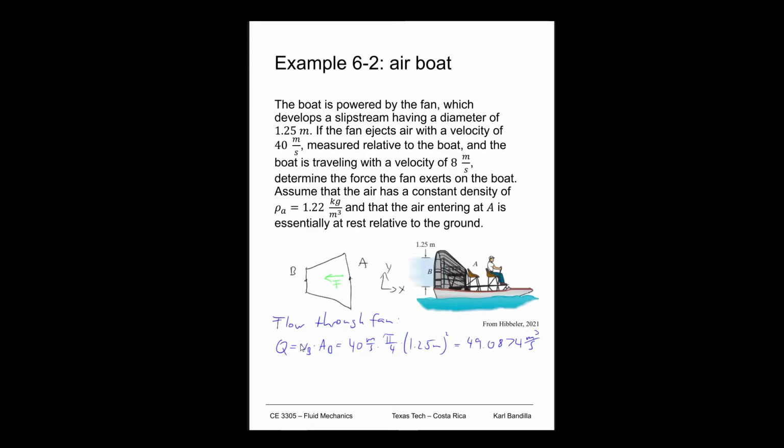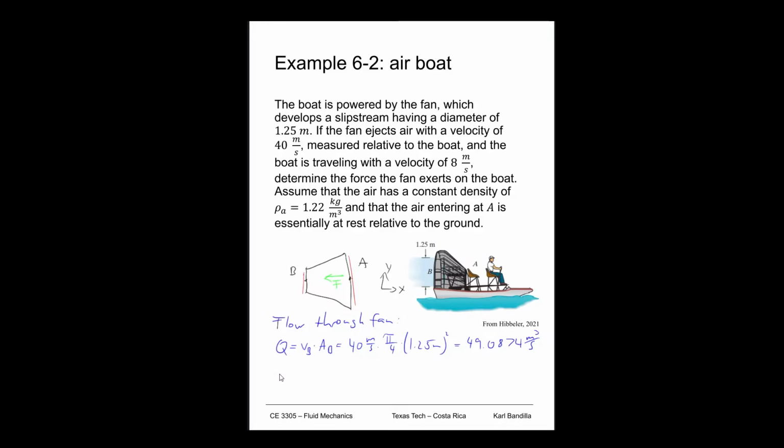Now, the other thing that we want to find is the velocity of air coming into our control volume, right? Again, we have two control surfaces. We have a control surface here, and we have a control surface there. So how fast is the air coming through that control surface? It says that the air is at rest, but the boat is moving at 8 meters per second, right?